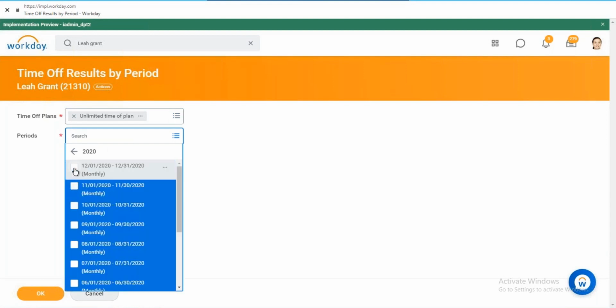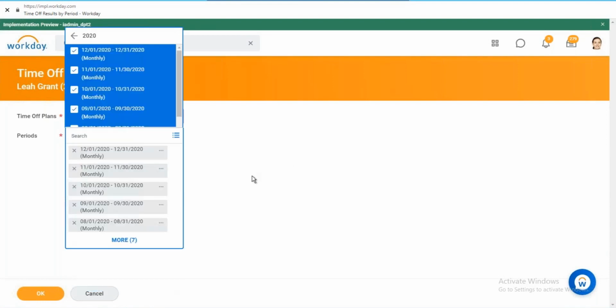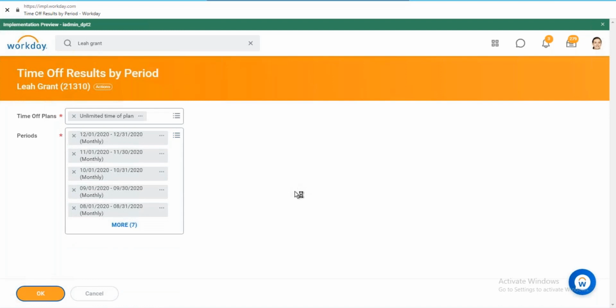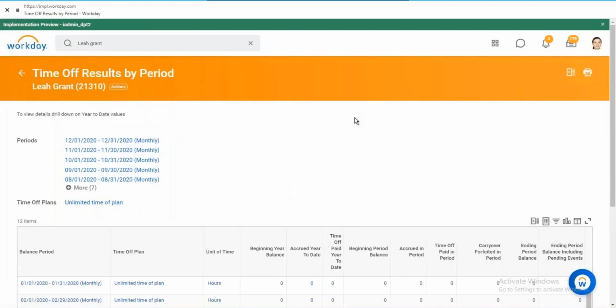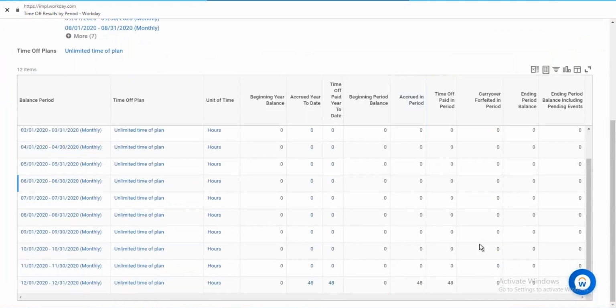Select all. So accrued in the period 48, 6 days time off taken in December. Accrued in the period 48, time off taken 48. You got the point? The amount of time off you take will automatically become the accrual. So this 48 hours won't show for the workers. I understand.